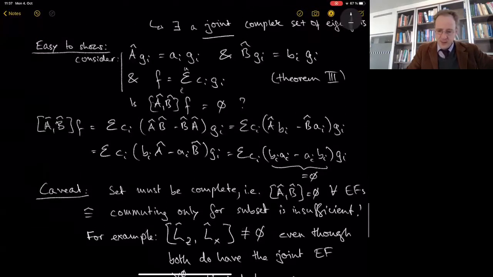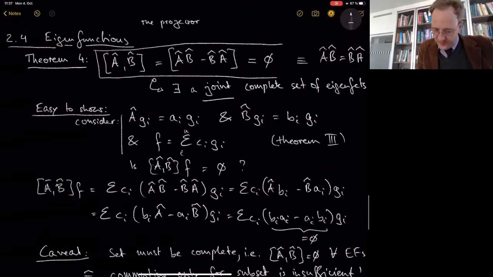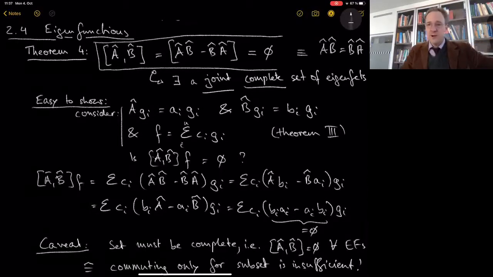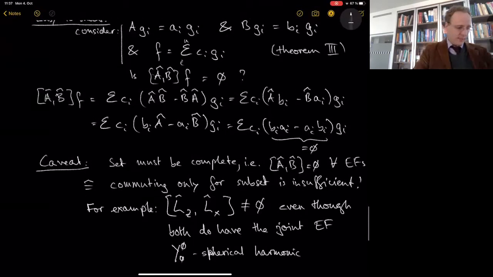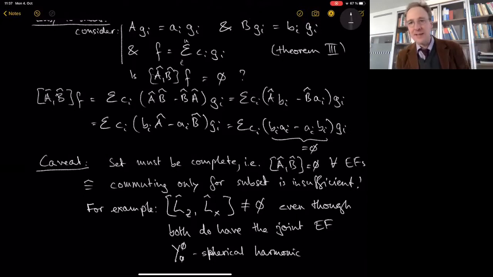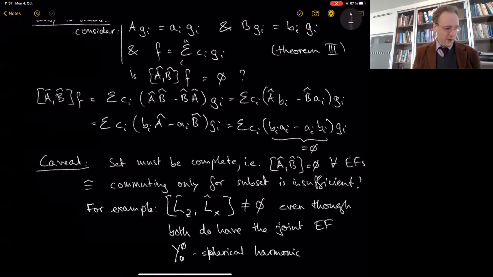All right. So it must also be complete, right? The complete set. Just one joint eigenfunction does not mean yet that your operators commute, so you really have to look at all eigenfunctions.